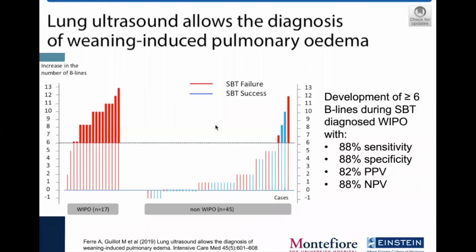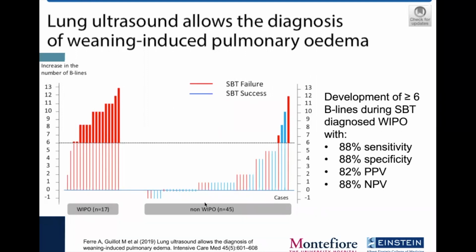And we see that SBT failed in 33 cases, and weaning-induced pulmonary edema, WIPO, occurred in 17 patients, all of whom failed SBT. The authors found that the development of 6 or more B lines during the SBT diagnosed weaning-induced pulmonary edema with pretty high sensitivity and specificity.